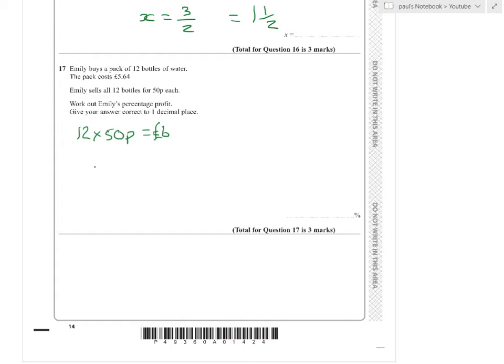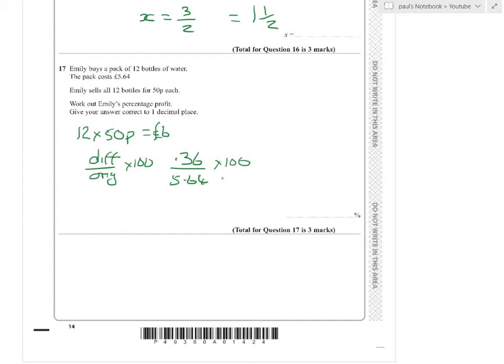So the percentage profit will be the difference over the original, times 100. So the difference between £6 and £5.64 is 36 pence. Divide by the original, which is £5.64, times that by 100.